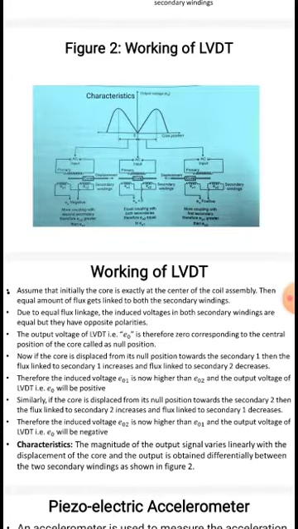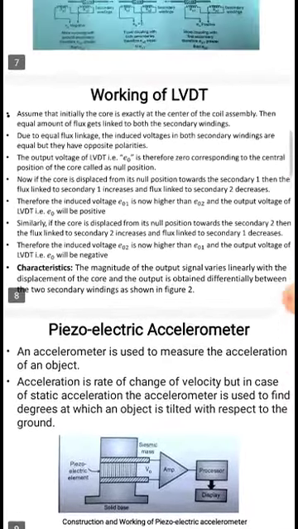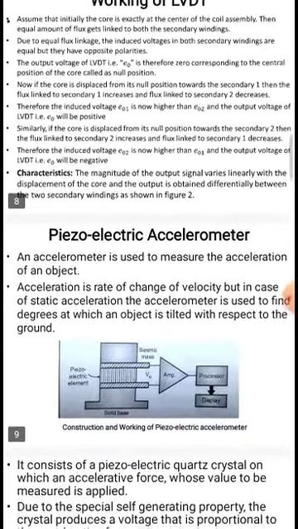The second graph shows the actual waveform. When the core is at the middle position, there is no voltage, E01 is equal to E02, so the difference is equal to 0. When the core is at the left position, then E02 is greater than E01. This is the simple working principle of the LVDT and this diagram is required for that purpose.